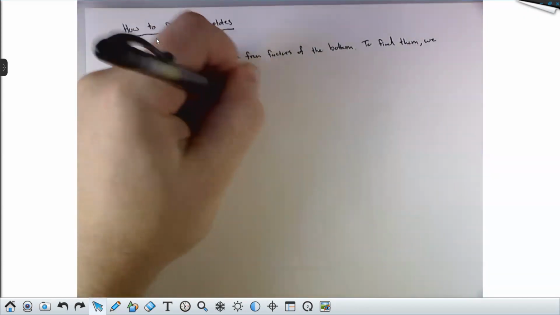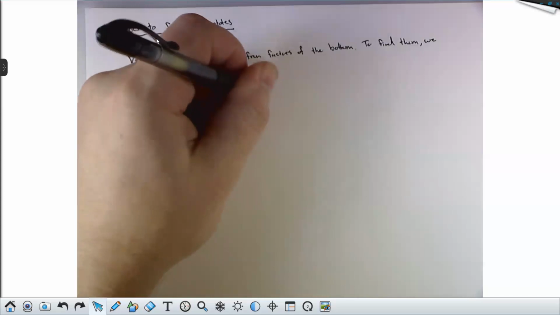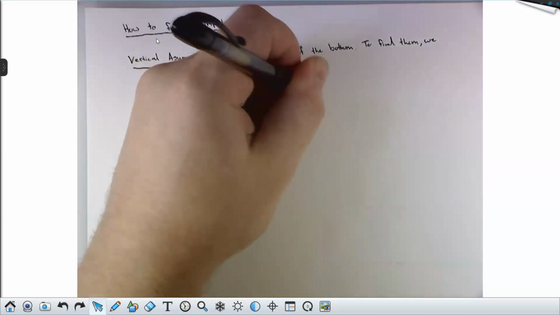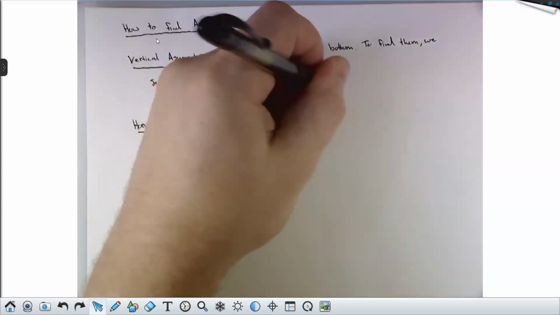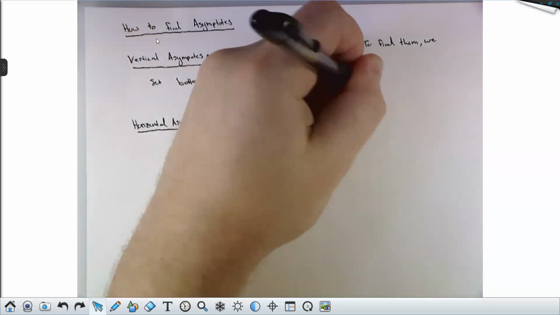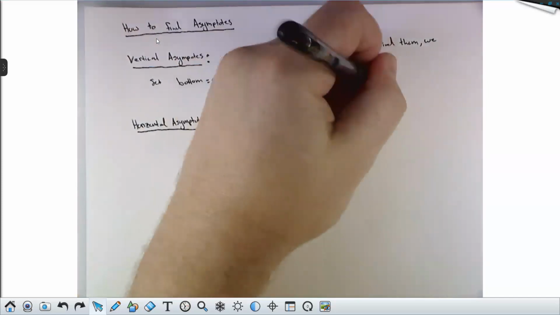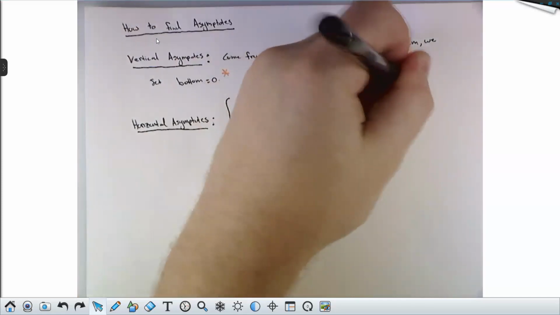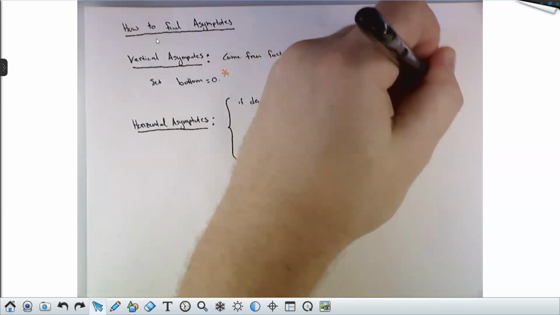If the degree of the top is strictly less than the degree of the bottom, then the line y equals 0 is the horizontal asymptote.